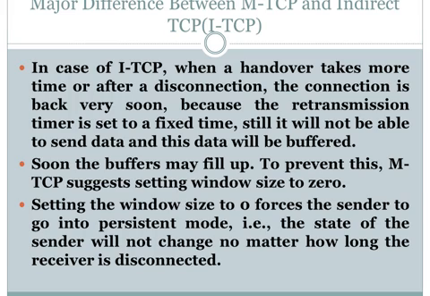But in the case of indirect TCP, what it implies is, let us say a disconnection has occurred, and the BTS is buffering the data from the mobile station, but the mobile station has immediately reconnected.